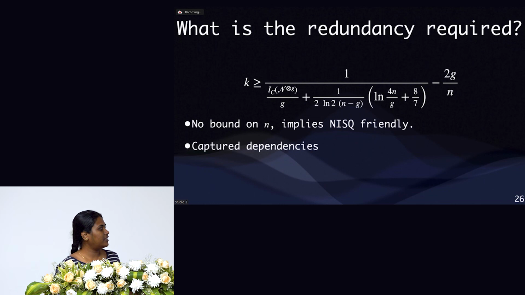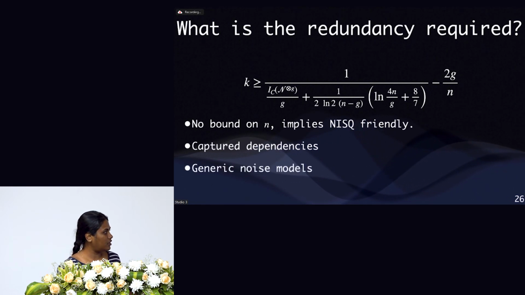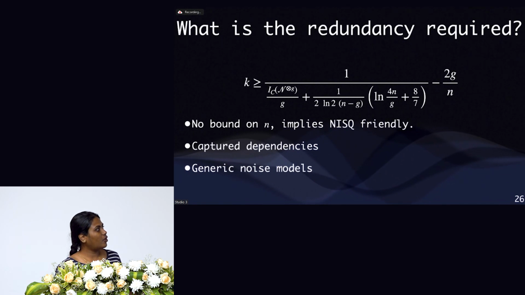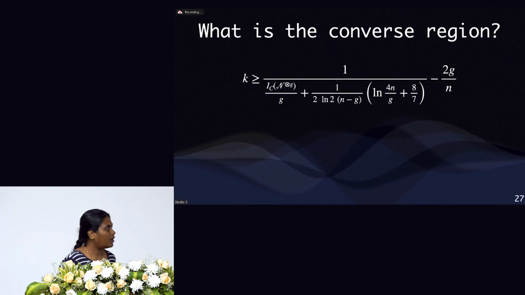We have also captured the dependencies of the circuit, like you have this g here, so if you implement circuits with different gate sizes, you can capture which circuit performs better or is more efficient. And this is also for generic noise models. For any noise model N, you can apply it, not just depolarizing noise. And then what is the converse region?